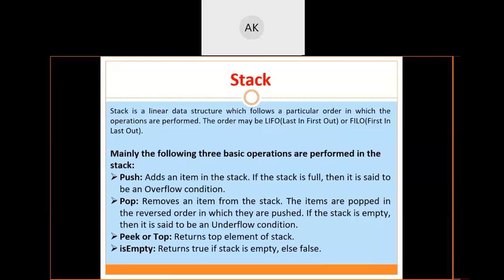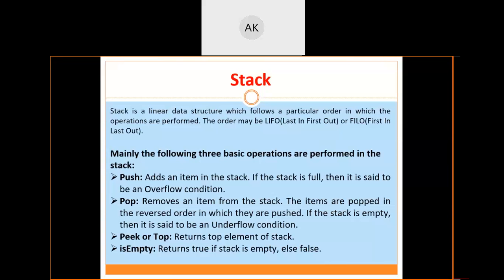And when you are talking about a stack as a data structure, it is a linear data structure in which the operations we carry out are last in first out, right? Whenever we have a last in first out or first in last out operation, that is the stack. On the stack, we perform two important operations.